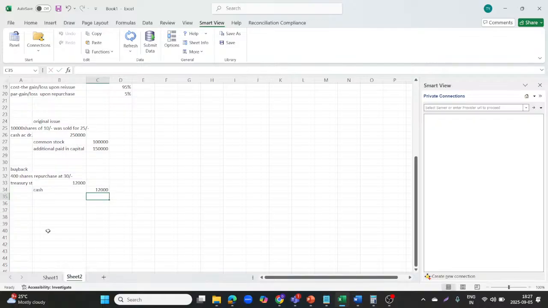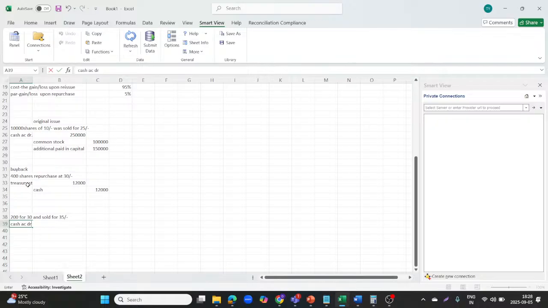Now suppose you are reissuing above cost. Say 200 shares that were repurchased at 30 are resold at 35.